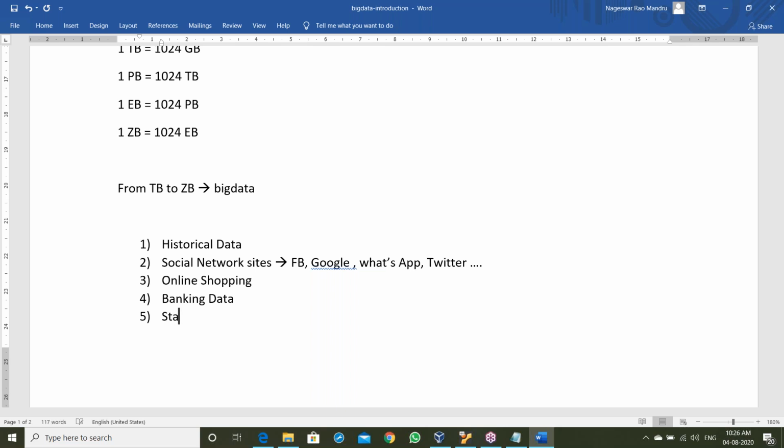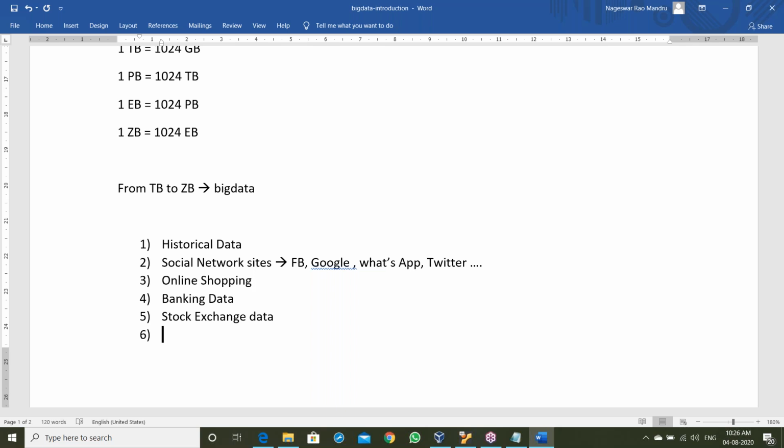Next, one more example: stock exchange data. In a stock exchange, a lot of trading happens every day, like the New York Stock Exchange and Bombay Stock Exchange. They have to maintain every share's information.